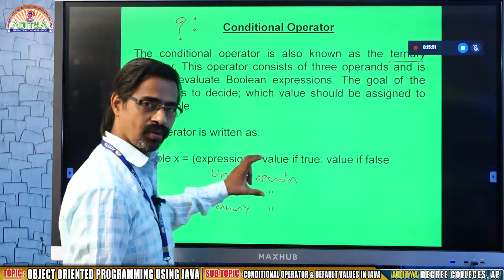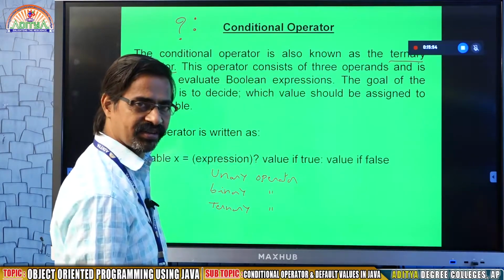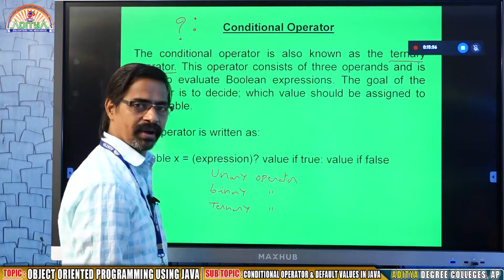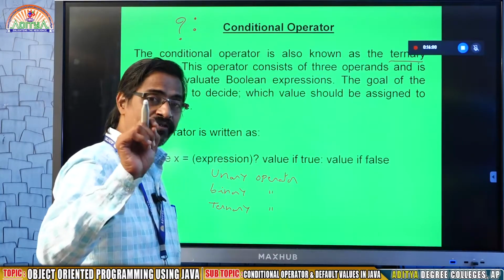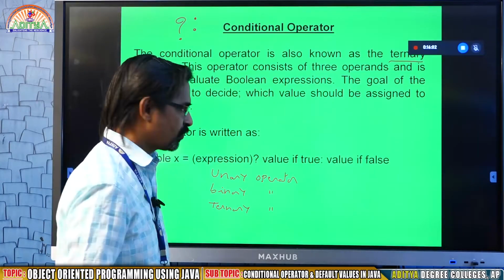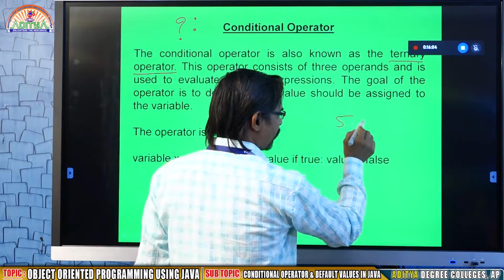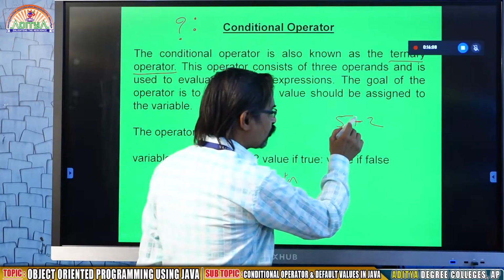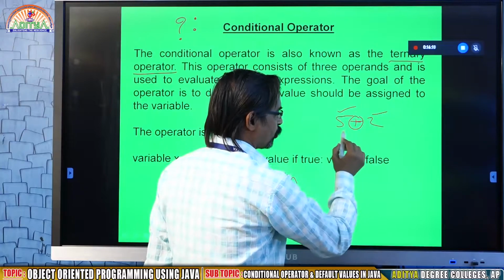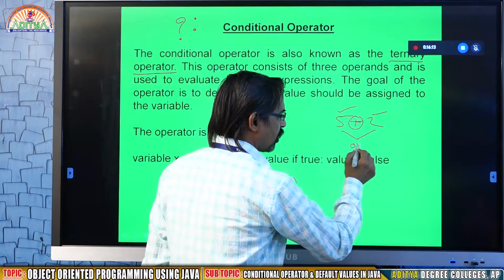So just to read the topic, operators: unary operator, binary operator, ternary operators. An operator is nothing but a symbol which performs a particular operation. For example, 5 plus 2. Here I have given two values, 5 and 2. Here 5 and 2 are called operands.